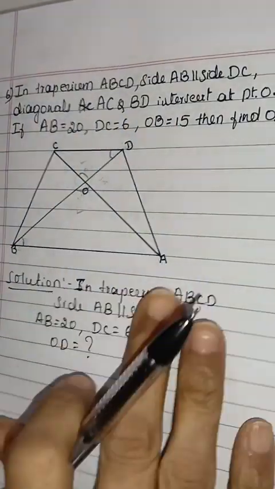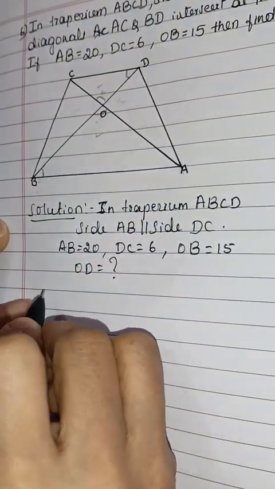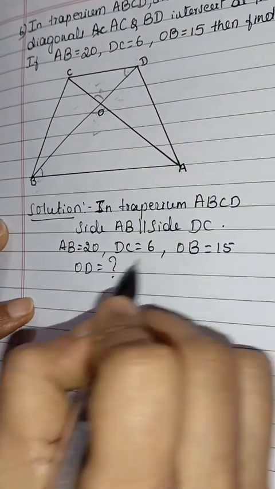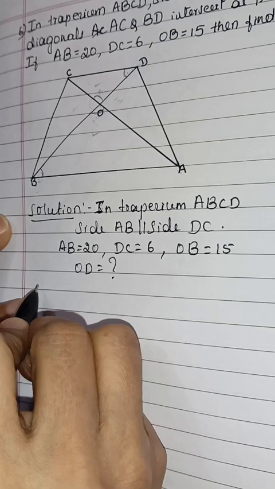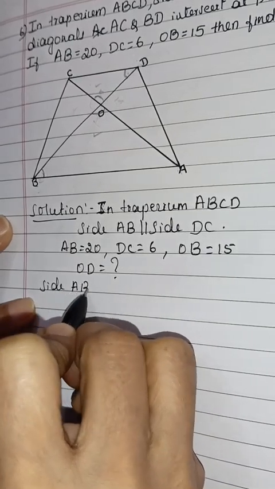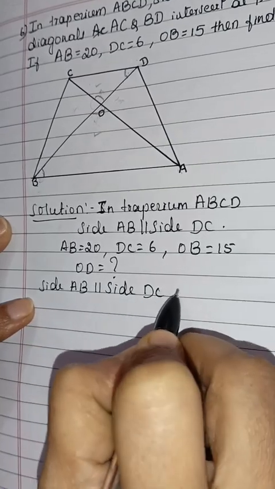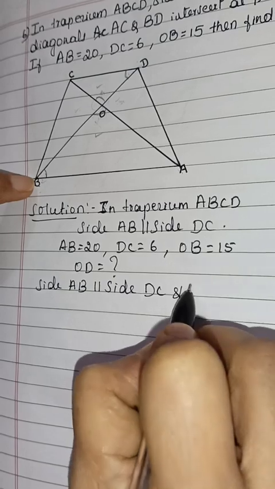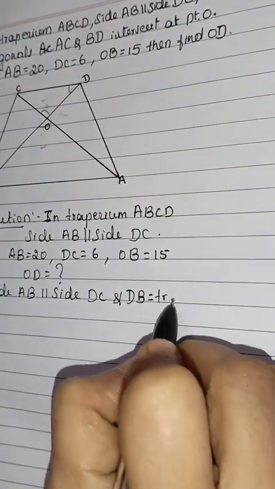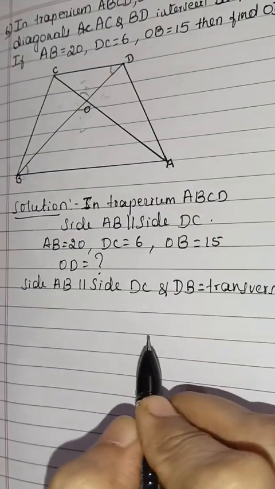Okay, so side AB is parallel to side DC, and DB is a transversal.